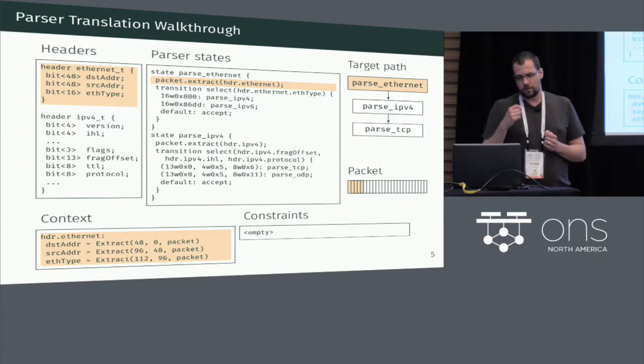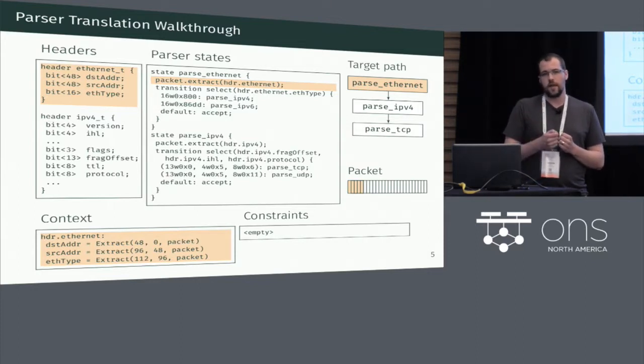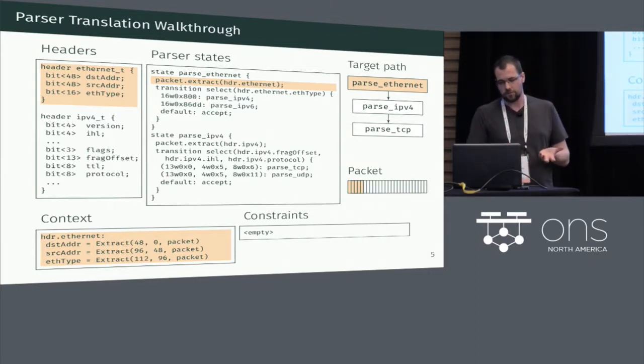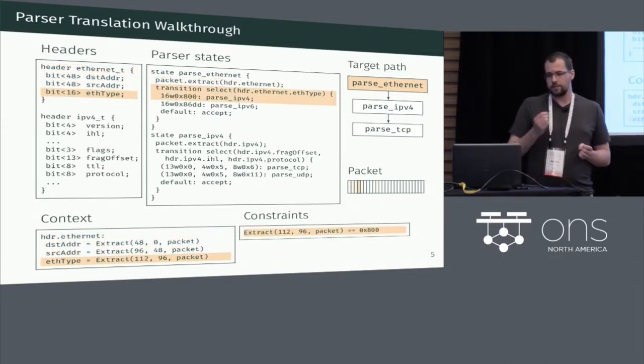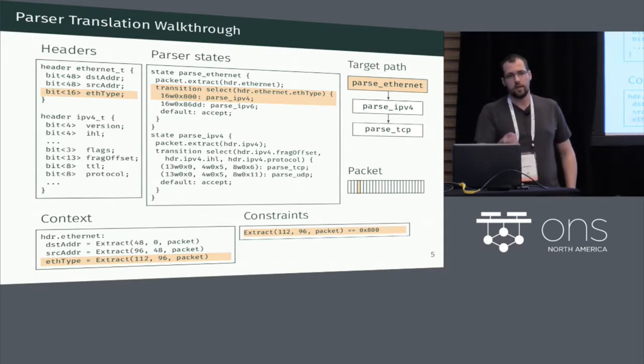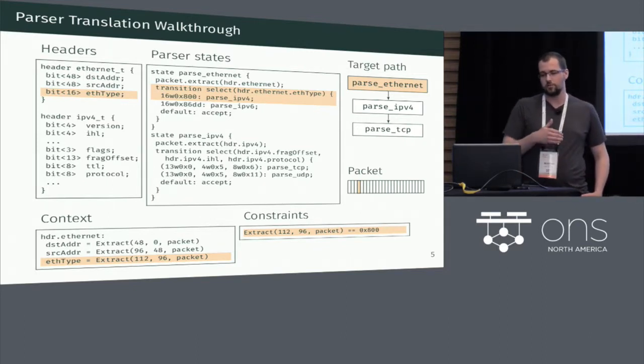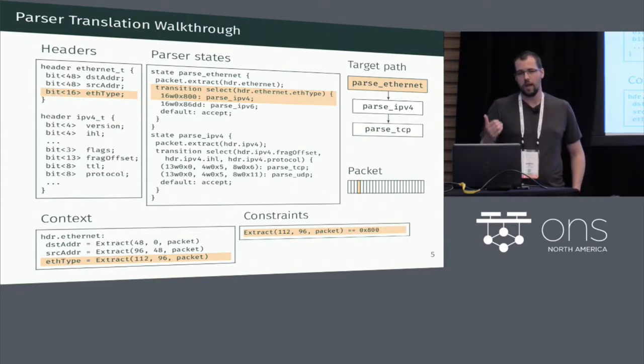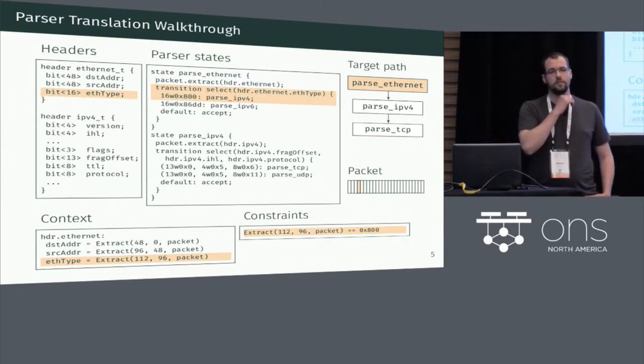Note that for just the extract statement, we actually don't get any constraints because, well, there hasn't been any decision made. The decisions get made when you get to a transition statement. Here we know that we would like to transition to parse IPv4, and we know that this transition is dependent on the ETH type variable.